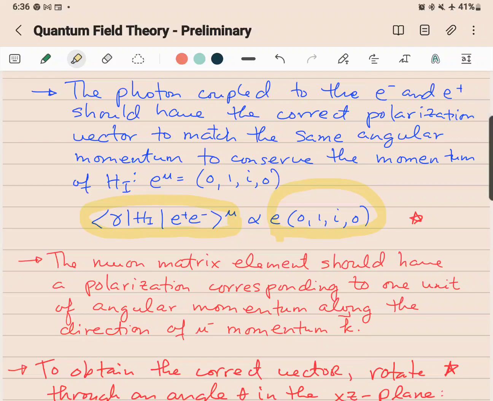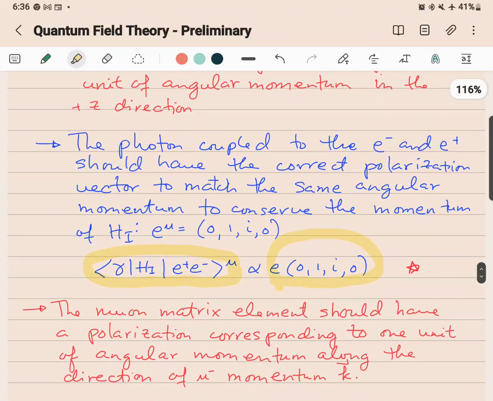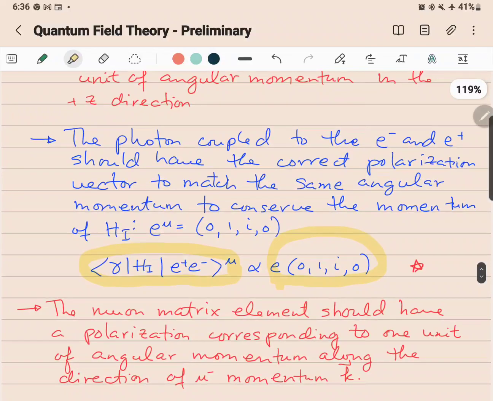By the way, here the polarization of the photon is just on the xy plane. The z direction is the horizontal line, the z and negative z direction there.